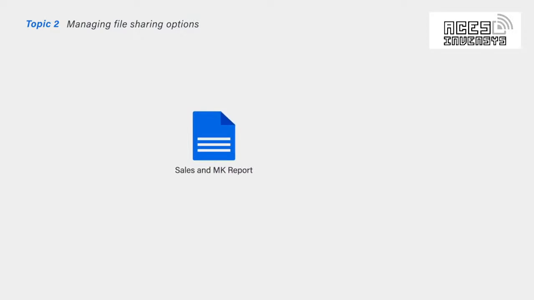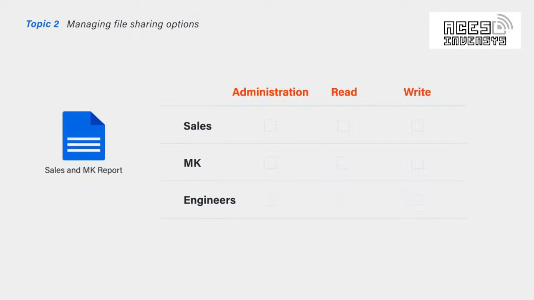Each entry in an ACL determines a user's or group's access permissions to the object. For example, if a file Sales and MK Report is attached with the following ACL entries: Sales, read only, MK, read write, and Engineers, no access, any users belonging to the MK group will have permission to modify the file. By contrast, the Sales Manager can only read the file, and all engineers are denied access.